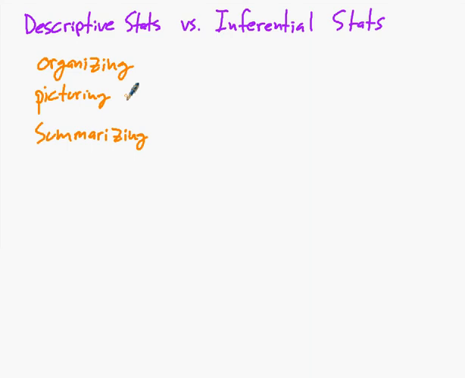This is creating a variety of graphs so that we can visualize what the data looks like. And summarizing data. This is where the calculations are involved. This is like mean, median, and mode, standard deviation, all of the summarizing calculations about central tendency and variation. This is part of summarizing, which is different than inferential stats.